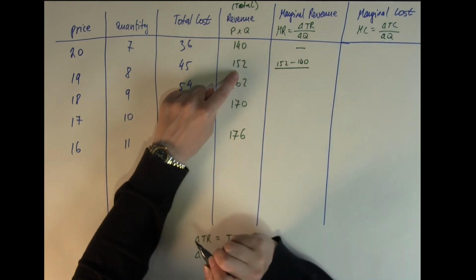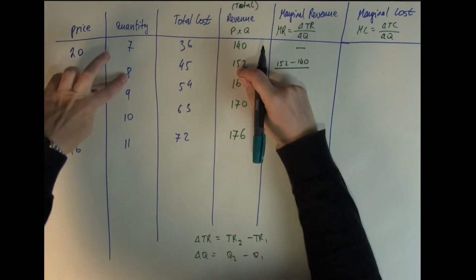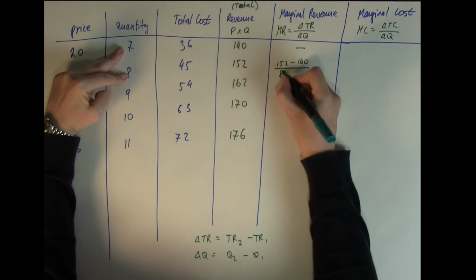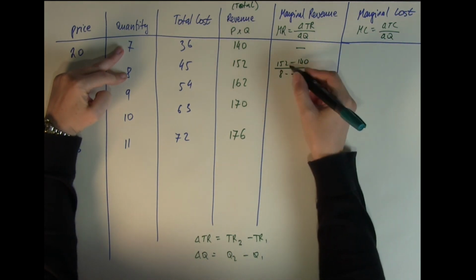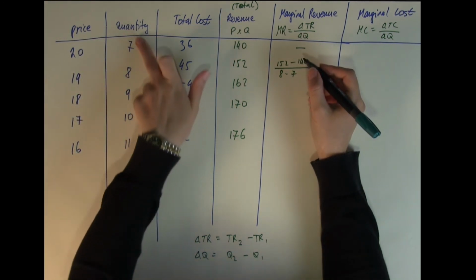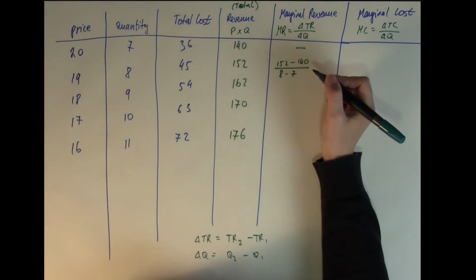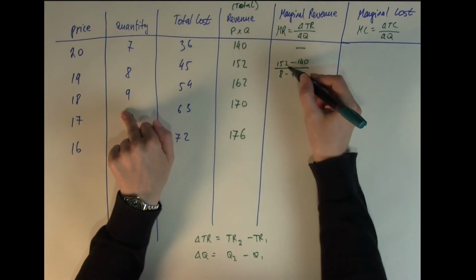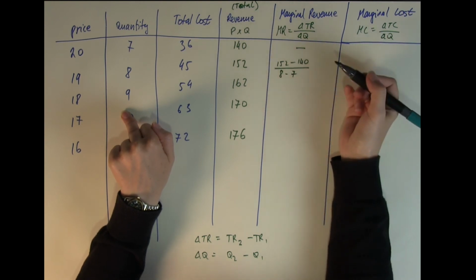So the change in total revenue for this part will be 152 minus 140. And that needs to be divided by the change in quantity. Now the change in quantity will be 8 minus 7. Well, that's just 1. And the change in quantity is always 1 for every single one of these rows in the table. So I will always have to divide by 1. But dividing by 1 makes no difference.